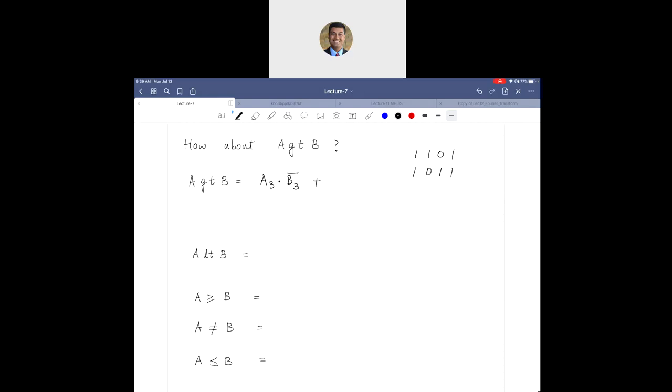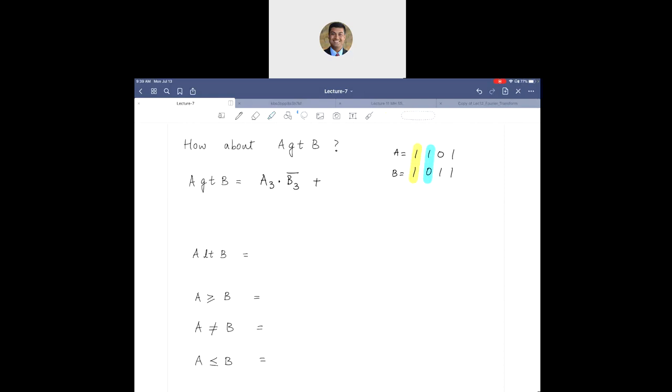Which one is greater, A or B? Again, A is greater than B. Because if these guys are equal, then you go on to the next comparison. And then you do the same thing as before.